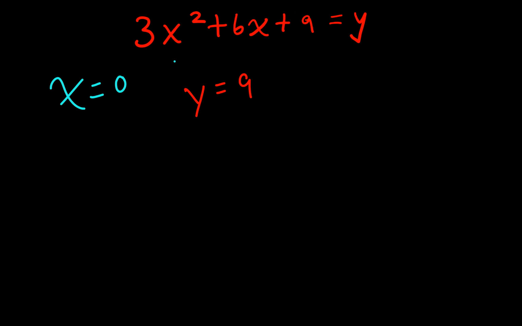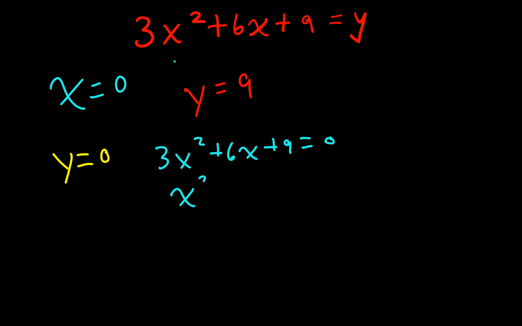If you were to solve for the x-intercept, you substitute y as 0, and you solve it. 3x squared plus 6x plus 9 is equal to 0. You factor out the 3, you get x squared plus 2x plus 3 equals 0.